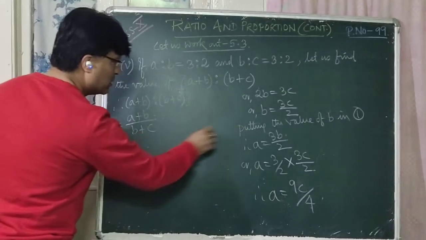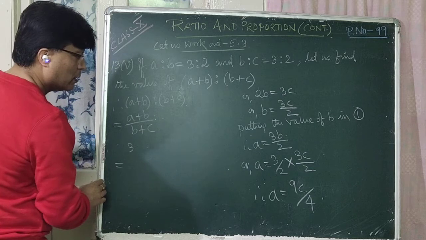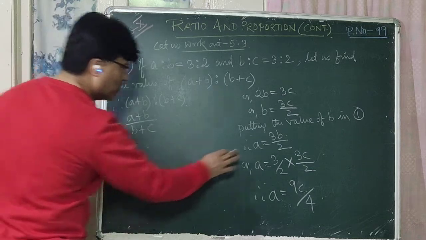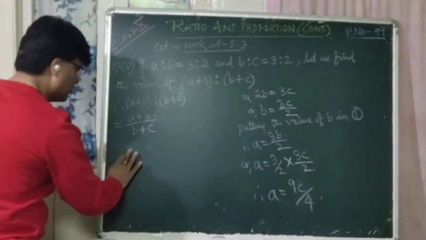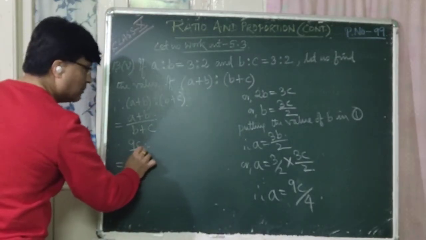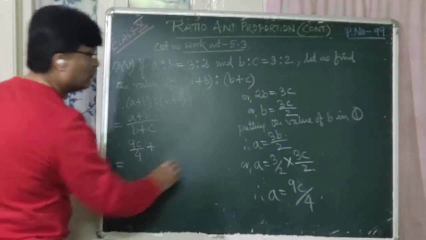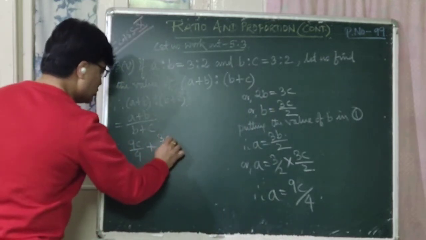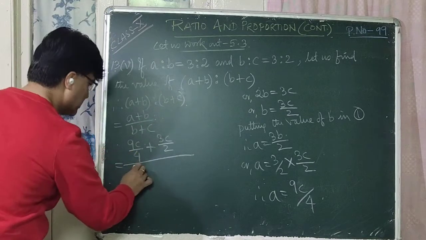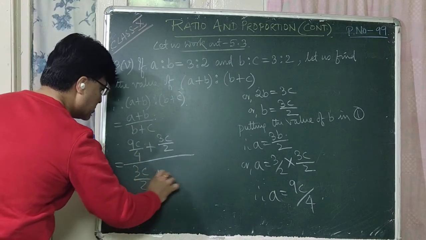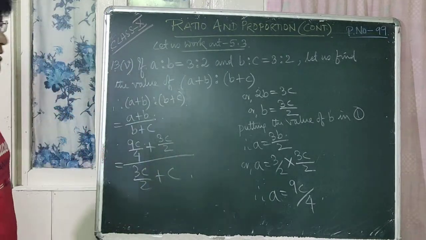Not A is equal to 3B by 2, but you have to use 9C by 4. It is 9C by 4 plus the value for B, 3C by 2, divided by B, 3C by 2, plus C. We don't know the value of C out here.